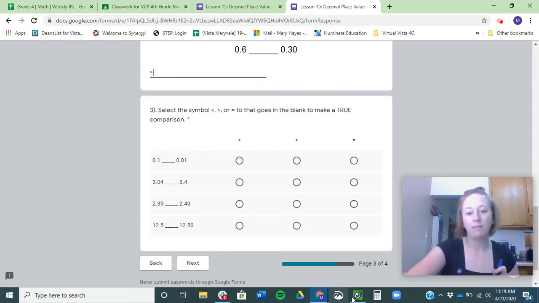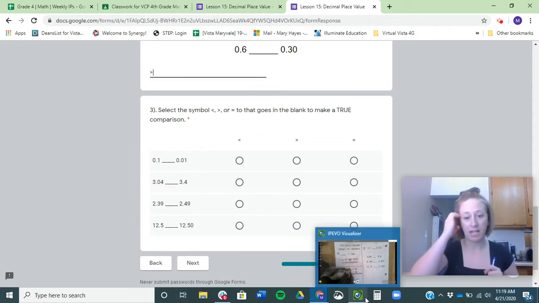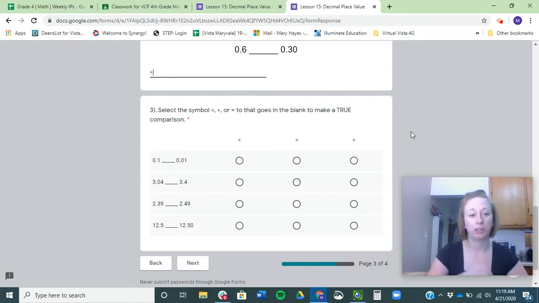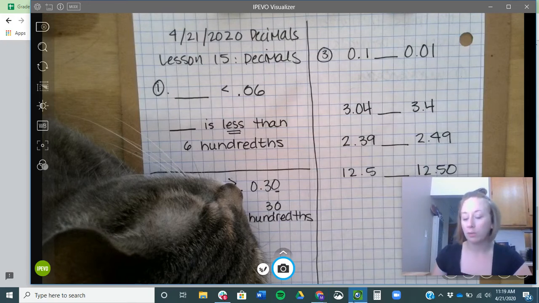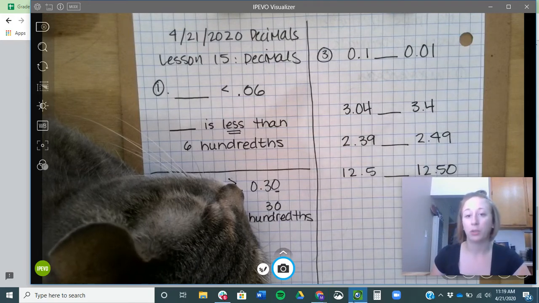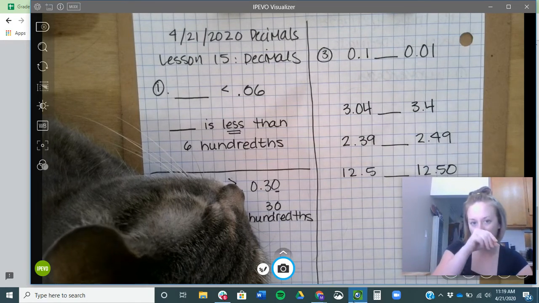Okay, now that we have all of those answer choices written down, let's go back and just reread the question. Select the symbol less than, greater than, or equal to that goes in the blank to make a true comparison. So we're going to evaluate each of these choices. Let's start with the first one.